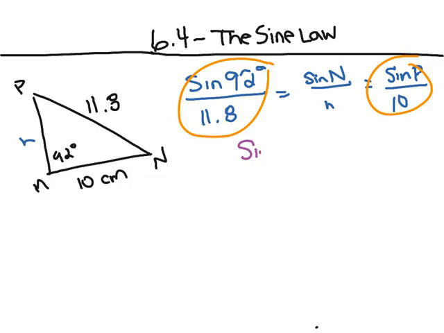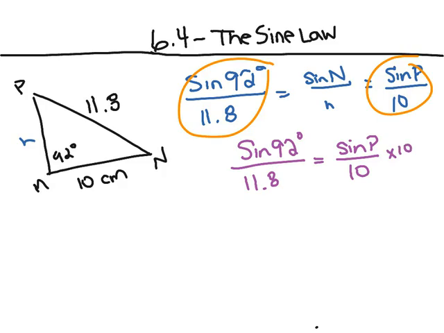So sine of 92 degrees over 11.8 is equal to sine p over 10. We're going to multiply both sides by 10. So we have 10 sine 92 over 11.8 equals the sine of p.